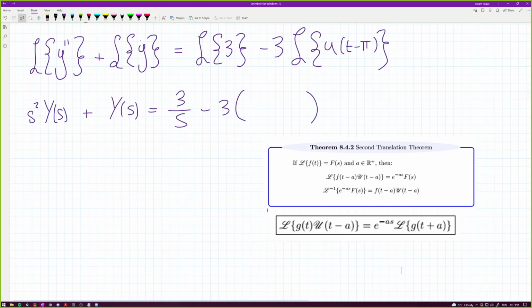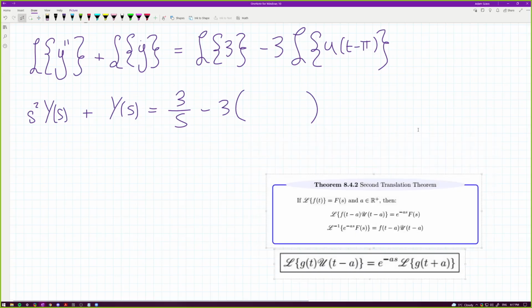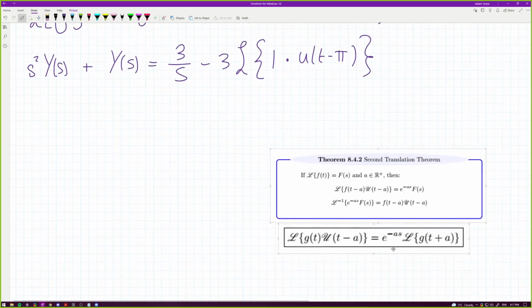What we have here is the Laplace of 1 times u of t minus pi. Essentially it's this second part here, which is the Laplace of g of t u of t minus a, which is 1 u of t minus pi.